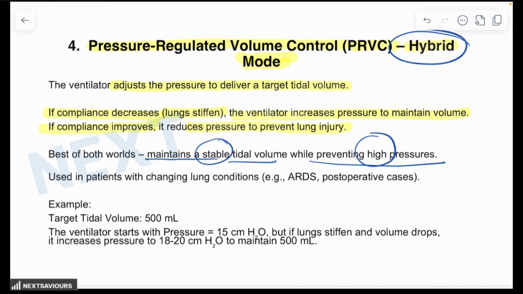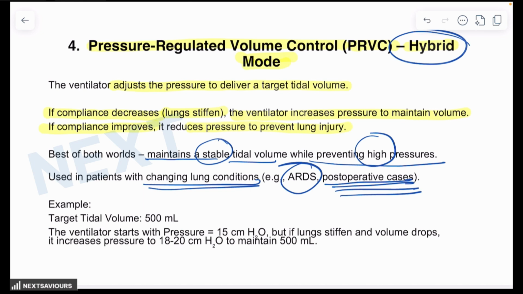So where exactly are these kinds of modes used? They are used in patients with changing lung conditions, again in case of respiratory distress or post-operative cases in particular, where the patient might improve over a period of time.